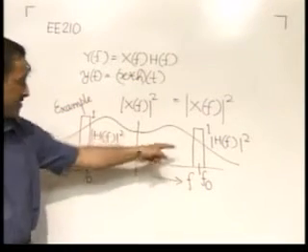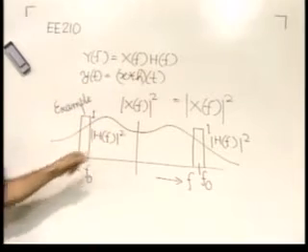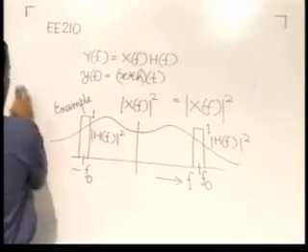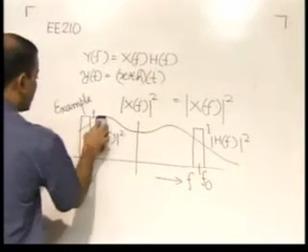So when you pass x(t) through a band pass filter, the result will be to preserve only this part.